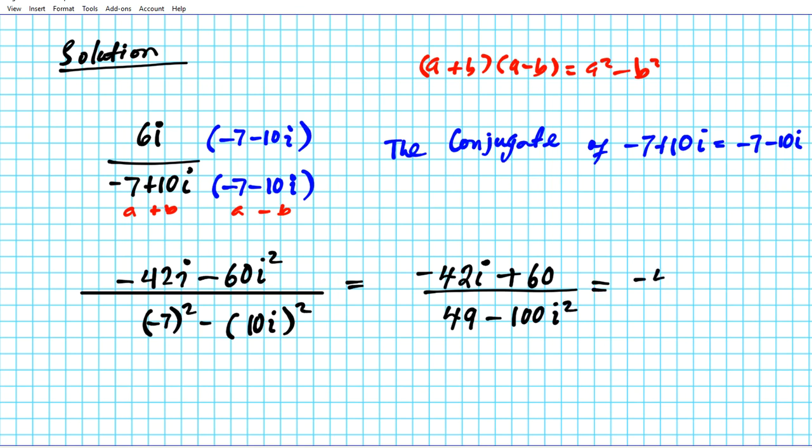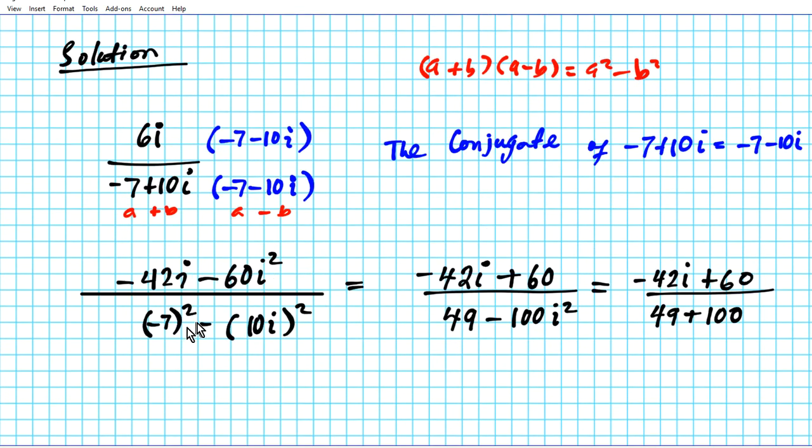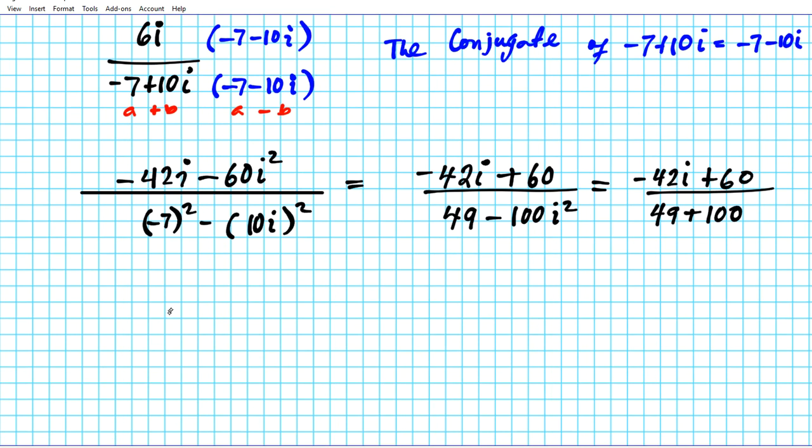Now this i squared becomes negative 1 and changes this minus to a plus 100. Okay, now if we combine the denominator, we're going to have 60 minus 42i divided by 149.